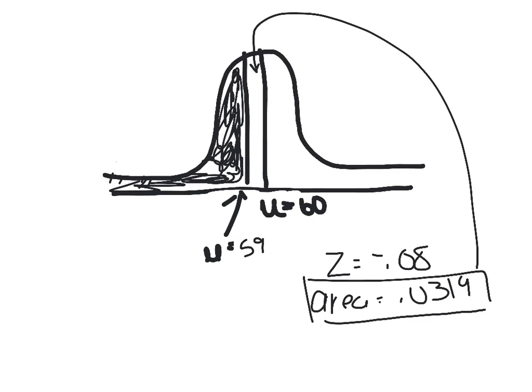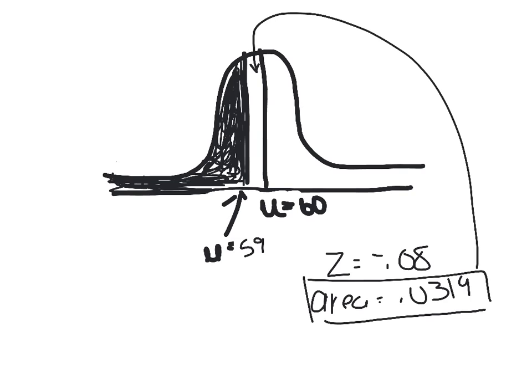And the section that you are concerned with for the problem that you are doing is everything to the left of 59, which is this section over here that I am currently coloring in.